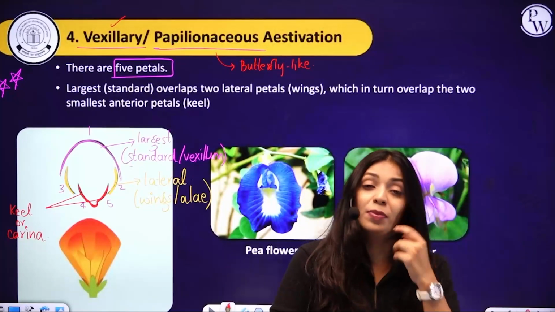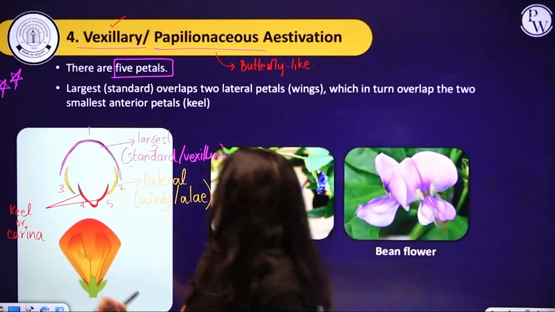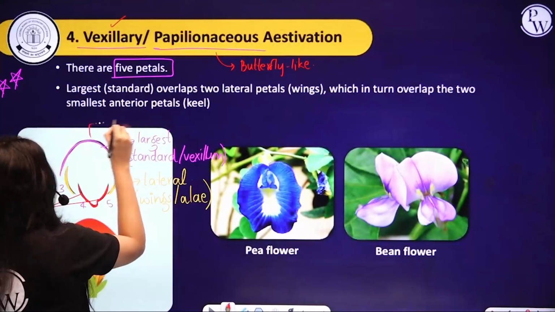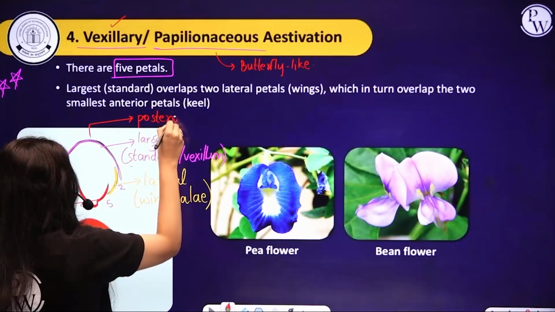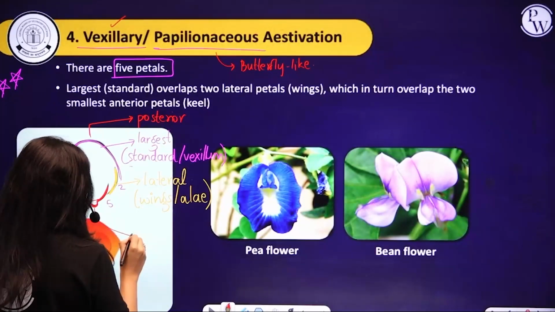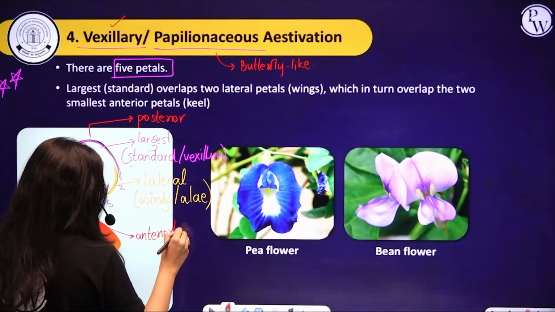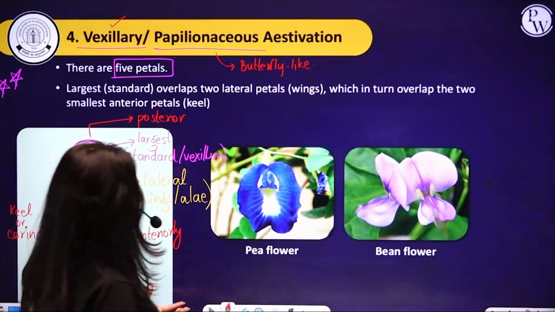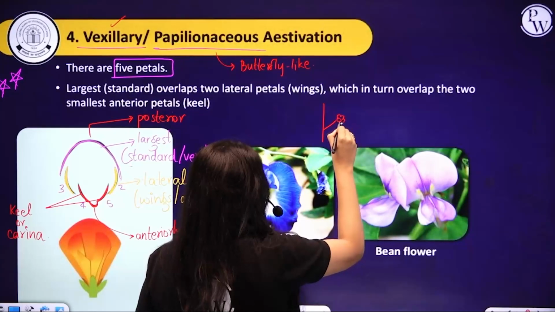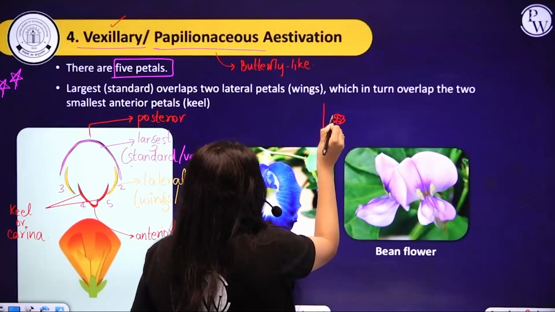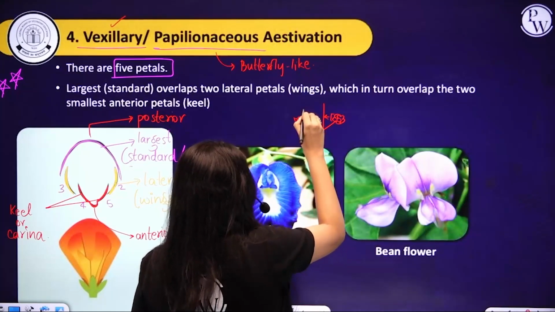Over here, we must remember which type of petal is present towards the posterior side and which is present towards the anterior side. This petal, the largest petal, is present posteriorly. The smallest is present anteriorly. I'll tell you what anterior and posterior here is. If this is the axis and from this axis the flower is borne here, the side of the flower closer to the axis is the posterior side.